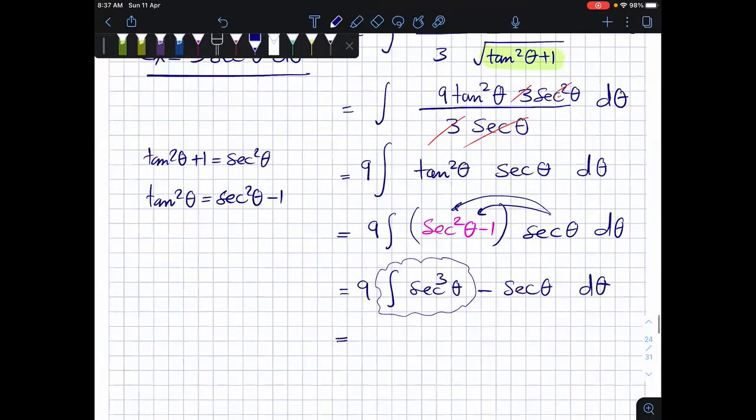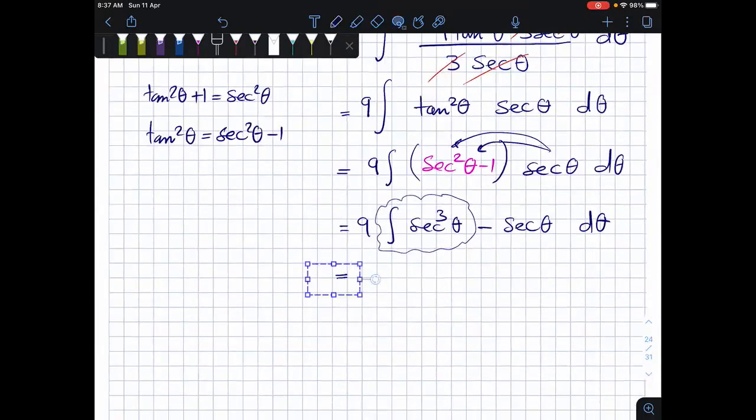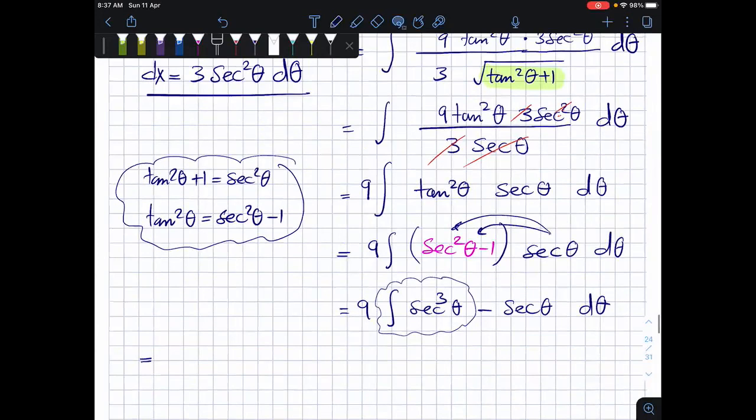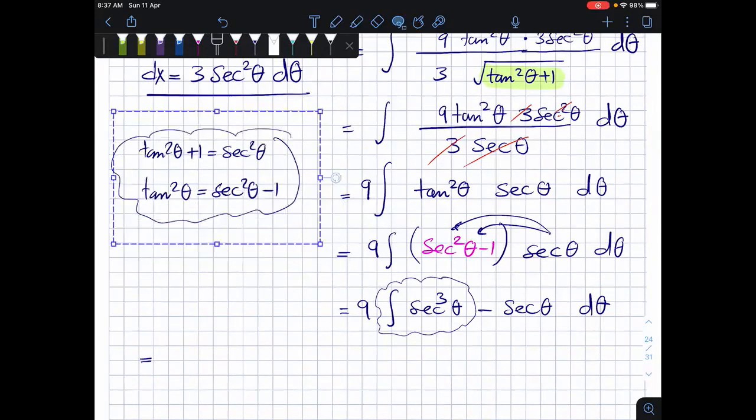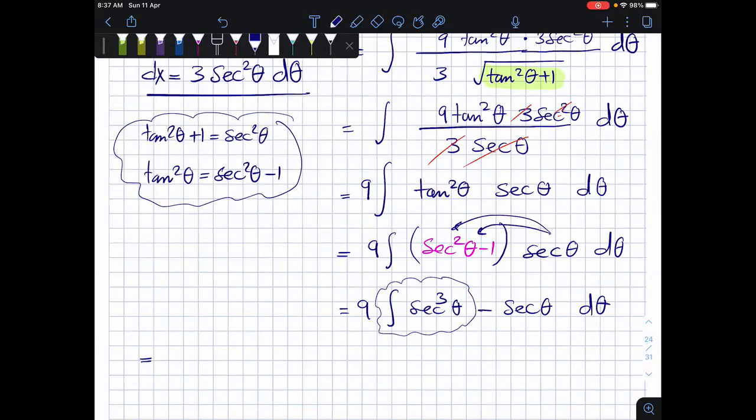Yes, it has a rule. So I need here more space. What's the rule, guys? This is here identity. And we have another rule we have to know, and it's very, very important, integrating trigonometric functions. What's the integral, guys, of sec to the power of n x, for example, dx? Can you tell me the rule, guys?